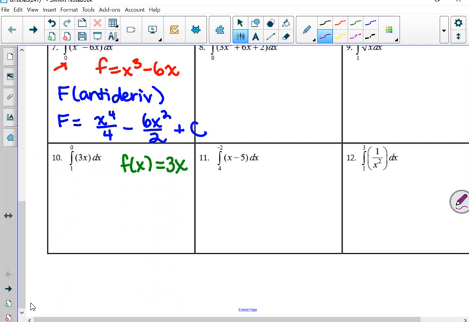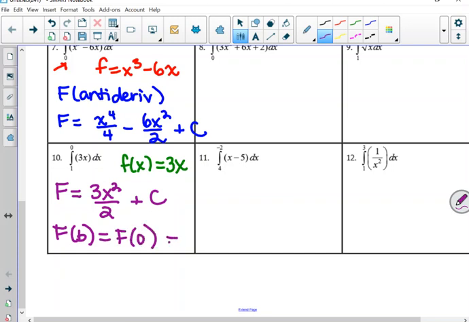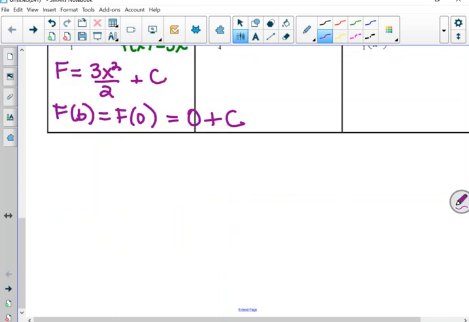This is why the fundamental theorem is actually better. Big F, 3x squared over 2, technically plus c, but we know it's going to subtract away. As long as I'm accurate with starting with b, in this case, b is 0, and F of 0 is going to just be 0 plus c.